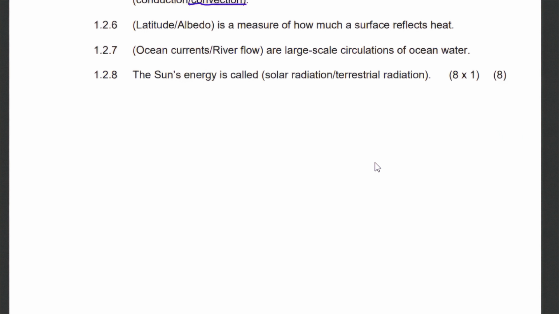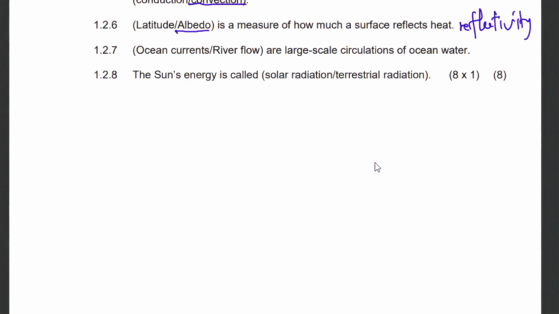Latitude or albedo is the measure of how much a surface reflects heat. Reflection of heat is called albedo. In other words, albedo refers to reflectivity.